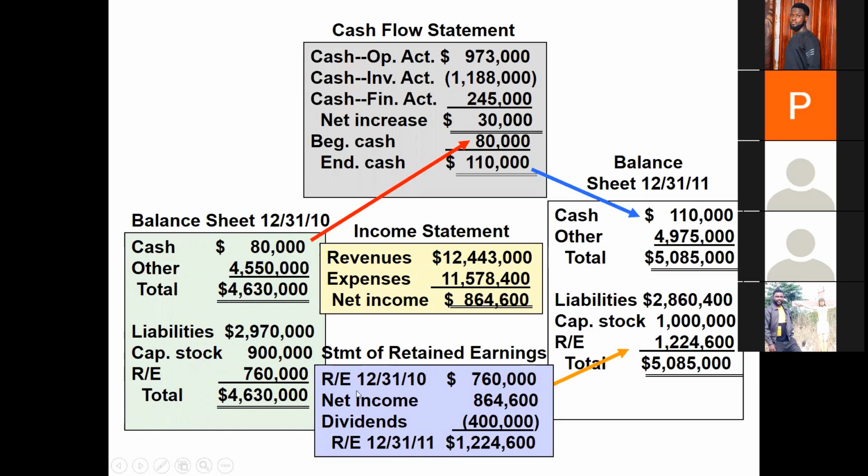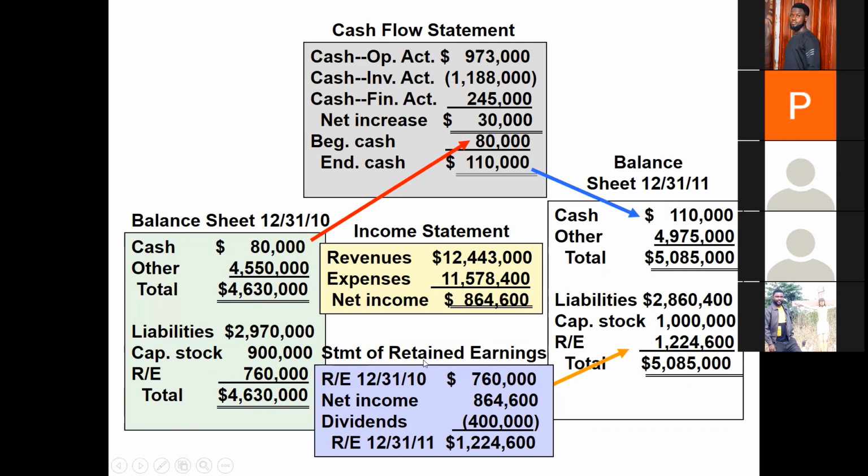But when we come to the statement of retained earnings, you have to bring the beginning. Now we are doing it for, sorry, 2010 and 2011. So for 2011, when we want to do the statement of retained earnings, we have to bring our beginning.